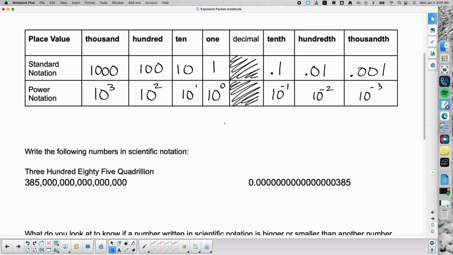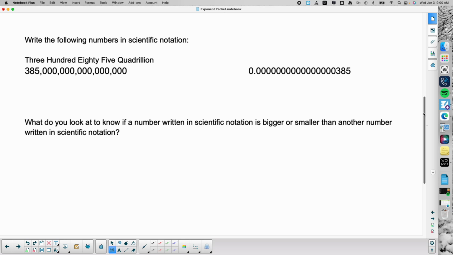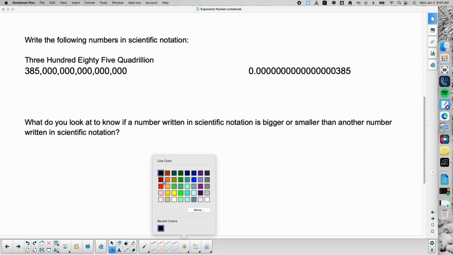Does anybody even remember how to do scientific notation from last year? Figured maybe I'll just ask that, or from this year even, if you guys did it. Does anybody know how to write 385 quadrillion in scientific notation? You would do what it said. You do 1 times 10 to the 15.